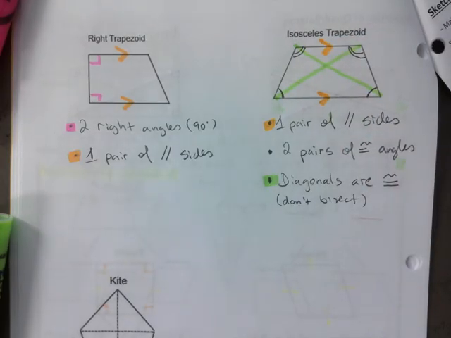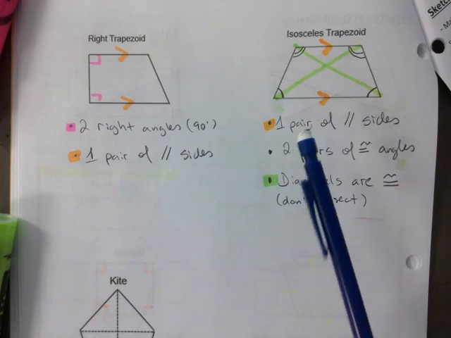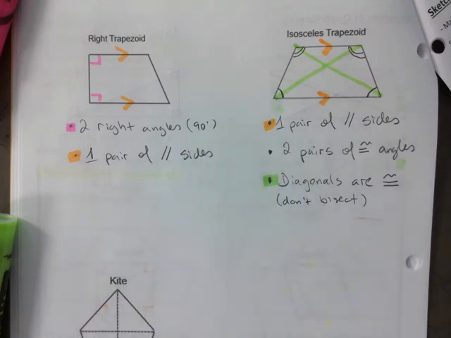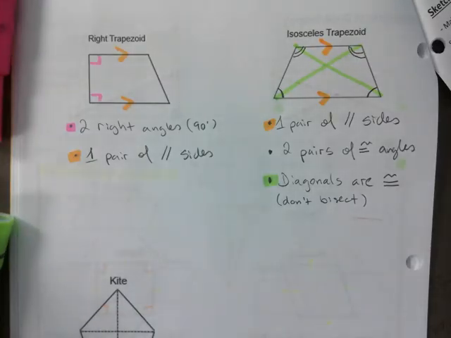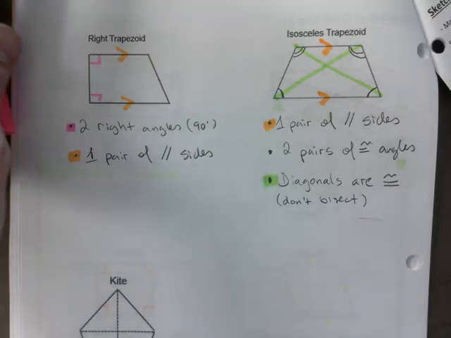Orange. What's the only thing that both trapezoids have in common? It's an orange. They both have one pair of parallel sides. That's about it. And they have 4 sides, of course, but other than that. These are your trapezoids.